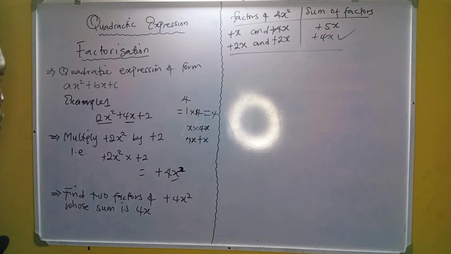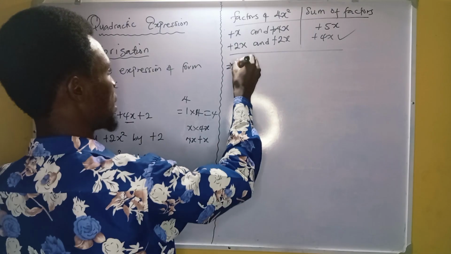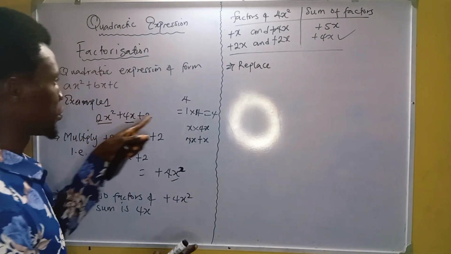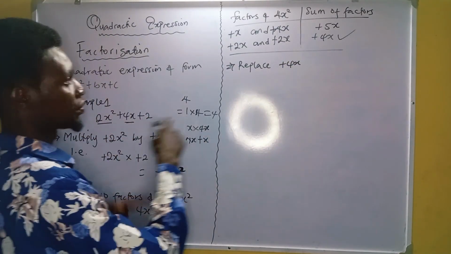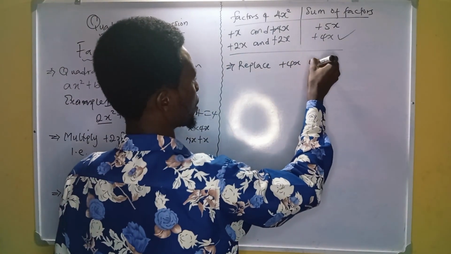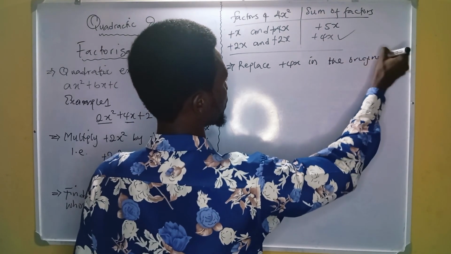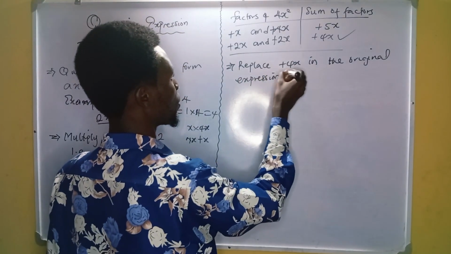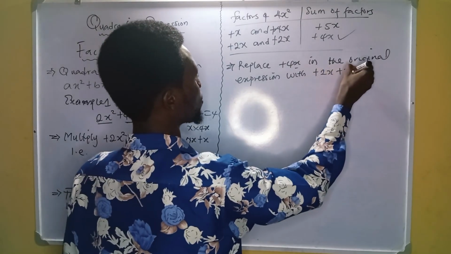Now, since you have gotten what you're looking for, the next step is that you're going to replace the middle term with the two factors. So replace plus 4x, which is the middle term, in the original expression with plus 2x plus 2x.